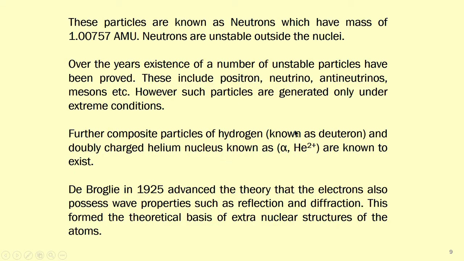So, further, composite particles of hydrogen known as deuteron and doubly charged helium nucleus, that is alpha particles, are known to exist. For example, you take off the 2 electrons from helium, we have helium 2 plus. You look at this slide, now I have written here that alpha and helium 2 plus are known to exist.